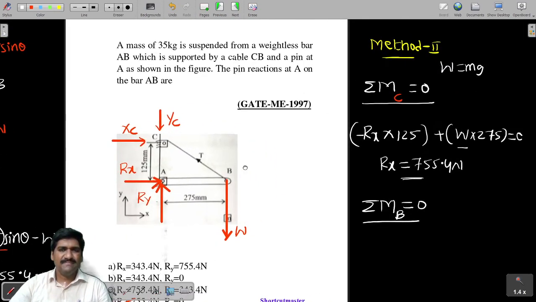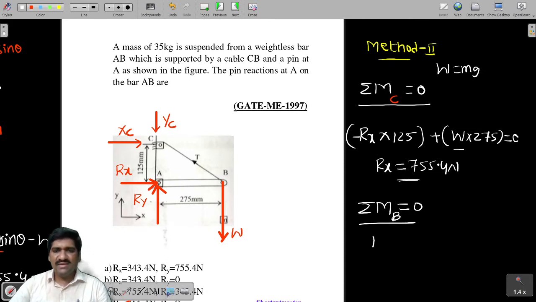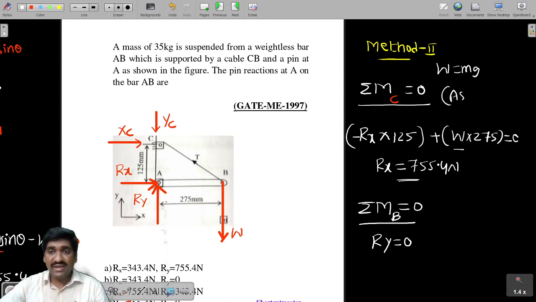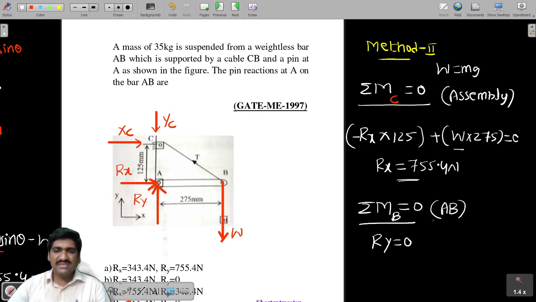Yes. Therefore I am getting the same thing, definitely Ry is equal to 0. But this equation we are applying for the entire assembly. This is a very important discussion. And the earlier equation applies only for the body E. That means that was after separation and this is before separation.